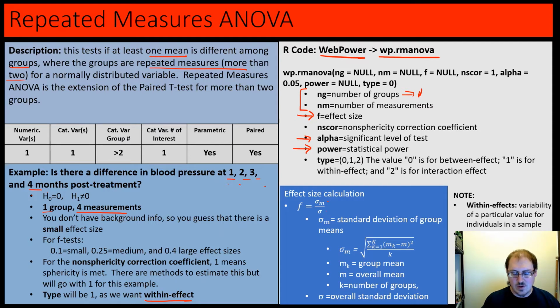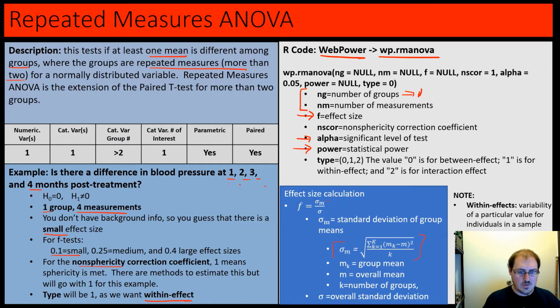Overall standard deviation is pretty easy, but for the standard deviation of means, it's going to be the sum across, essentially, the difference in group mean and the overall mean squared, and then divided by the number of groups. So when we have to calculate this, we have to take this into account. But for our example here, let's just guess a small effect. For Cohen's, again, small effects are 0.1.